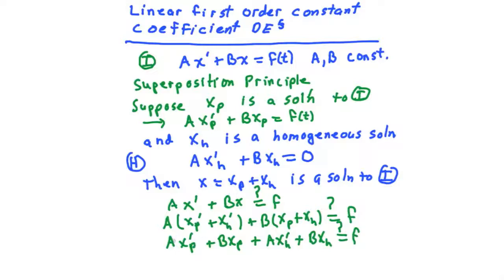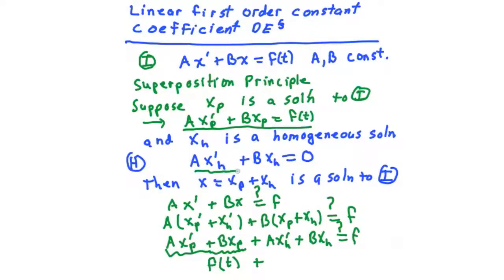But now what can we do? Let's look at this pair right here, a x p prime plus b x p, and see what that equals. We know what that equals. We made the assumption up here that it equals f of t, so I can replace that by f of t. And what about this a x h prime plus b x h?